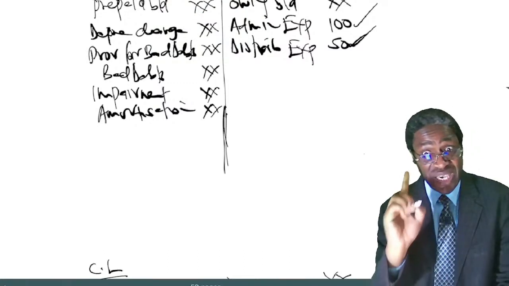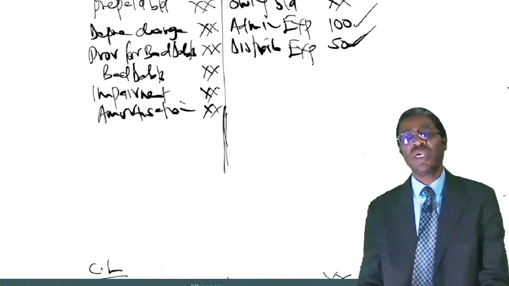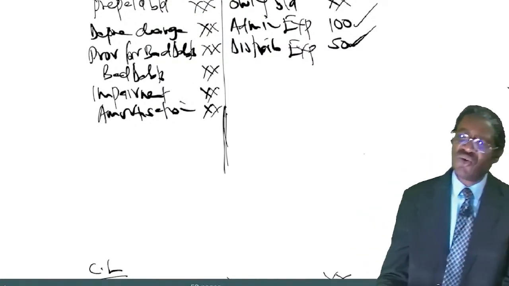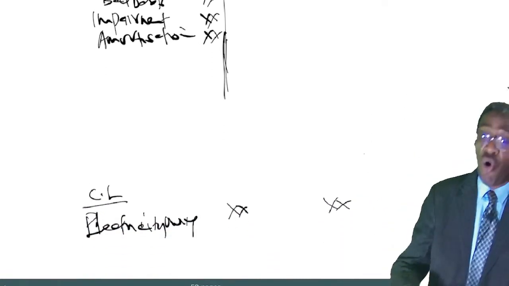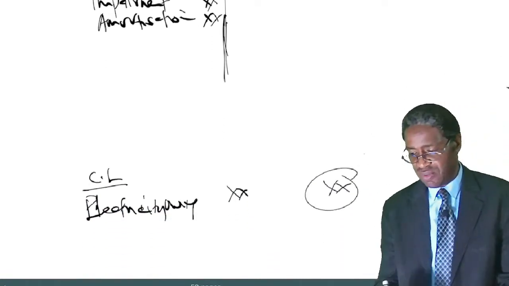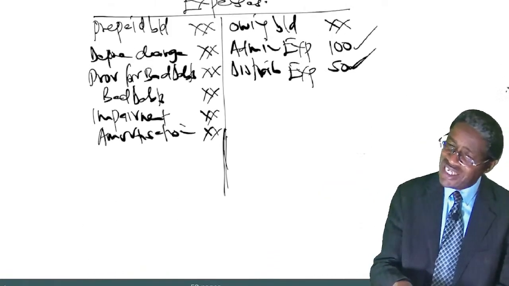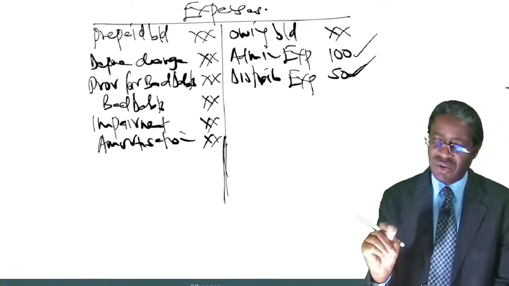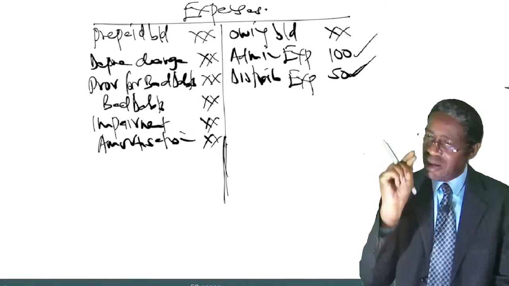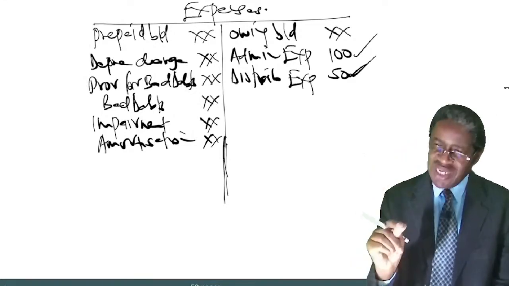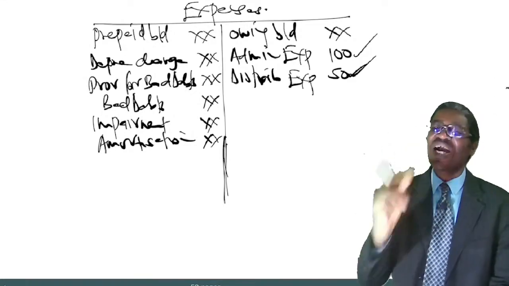I want you to listen again carefully. If by the end of the year you have an electricity that is still owing, that again is a liability. I want you to listen carefully. That's a liability. A liability is always a credit balance.